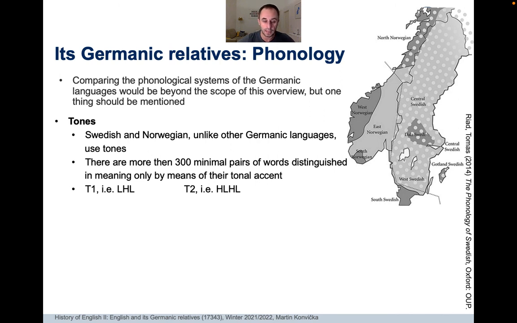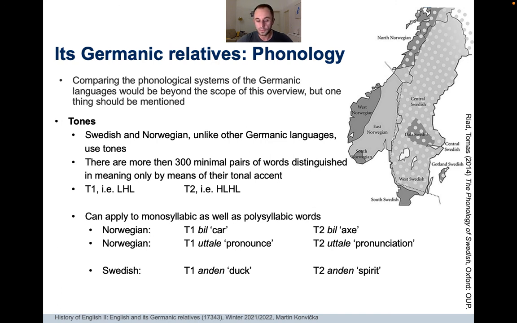And these languages have two accents, sometimes referred to as T1 and T2. The first one, T1, goes from low to high and then back to low. The T2 accent goes from high to low and then from high to low again. This can apply to monosyllabic, but just as well to polysyllabic words, right?